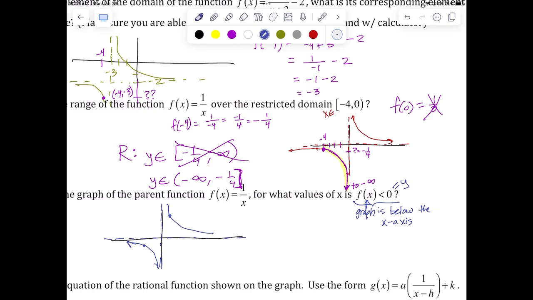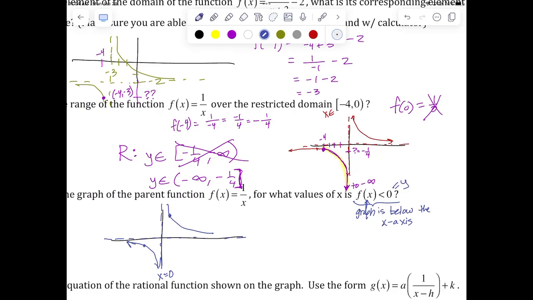Is that the only place where it's negative? Nope. In fact, it's negative everywhere to the left of the y-axis, which is x equals 0.